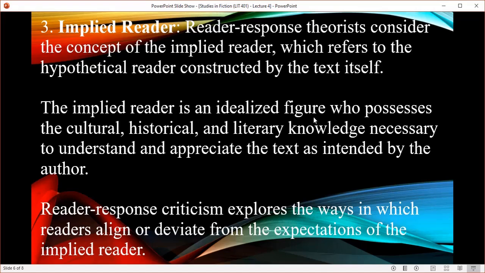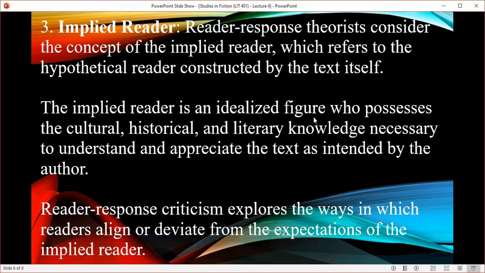So when we talk about implied reader, it is the work of the reader to work out the meaning of what is being read based on the available factors, based on the information that he or she has as far as the text is concerned.